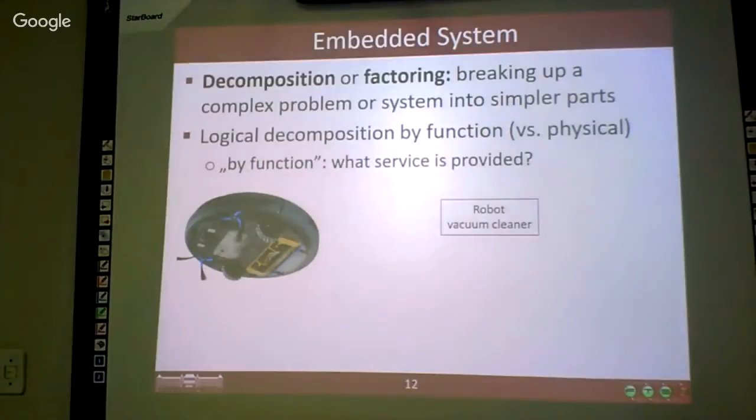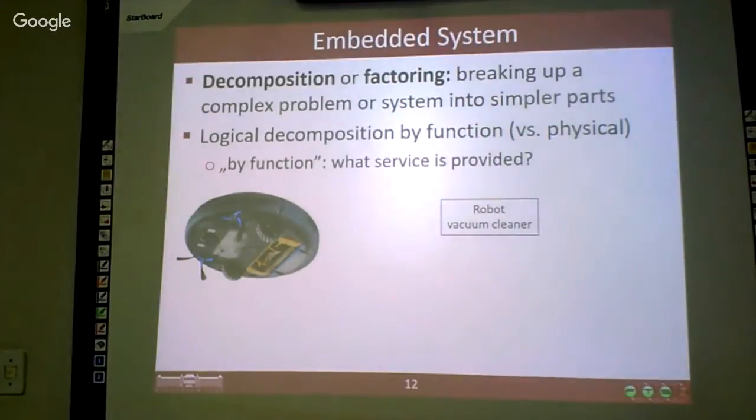And in embedded systems, decomposition or factoring means breaking up a complex problem or system into smaller parts. This is some kind of logical decomposition by functions and by the services we need. For example, this is a very useful thing. This is a robot vacuum cleaner.